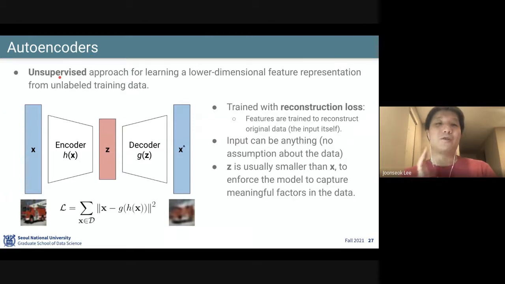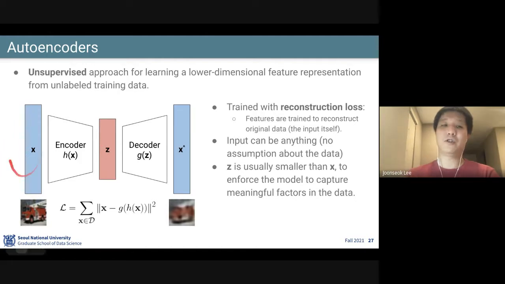This is another unsupervised approach for learning a low-dimensional feature representation for some data points. This is actually a brilliant idea. We don't have any labels, but we still would like to figure out what's the contents of that image, or a video or anything. So what they proposed is we build some encoder models to reduce the dimensionality of the input to some small dimensions.